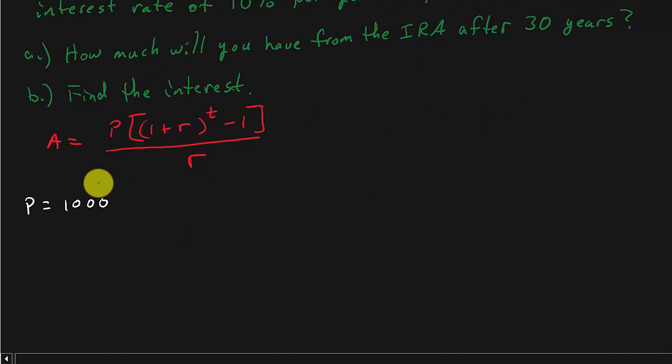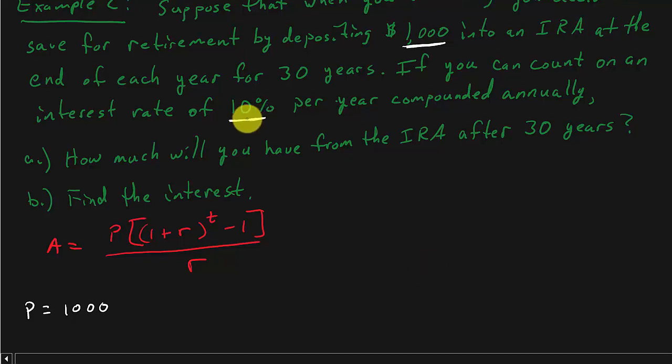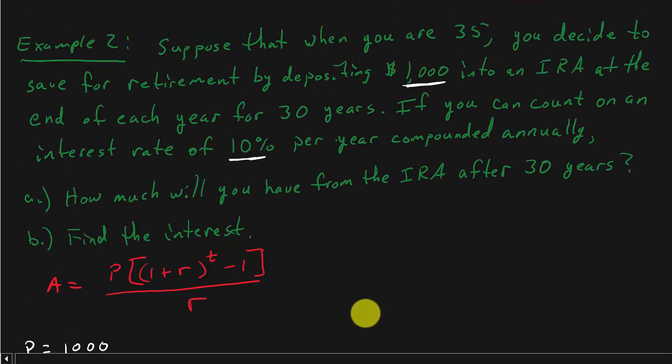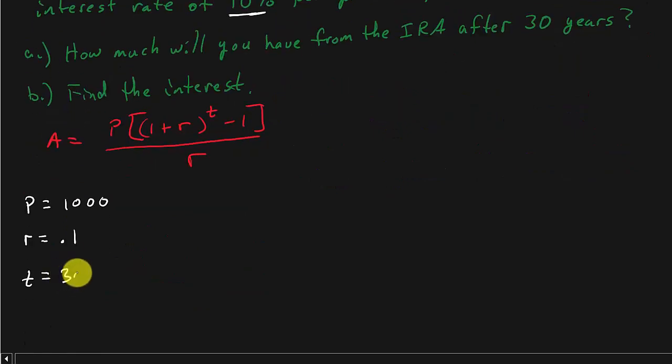Now we need R. Well, R is, that's at 10%. So remember how to convert percent to decimal. You just move it 2 places to the left, so that's 0.1. And then we need T, and in this case, that's for 30 years. And then all we do is we just plug this in.